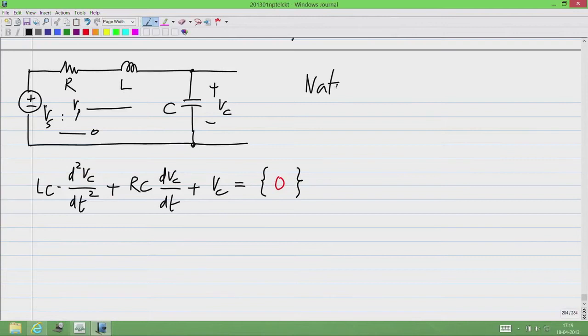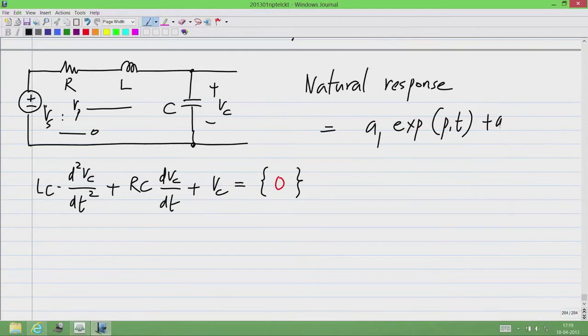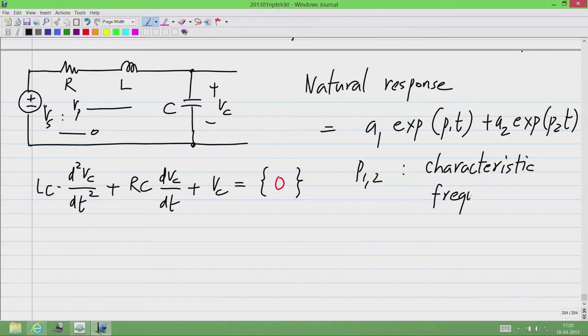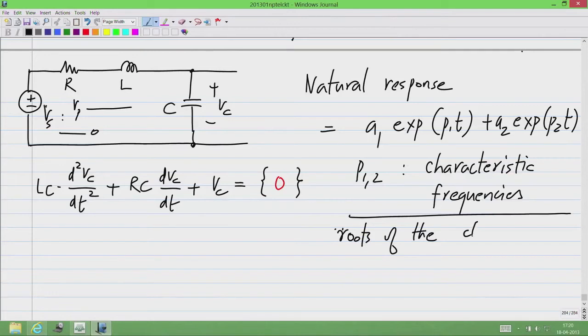The natural response will be of the form a1 exponential p1t plus a2 exponential p2t, where p1 and p2 are characteristic frequencies. Okay. Or basically they are the roots of the characteristic equation. Okay.